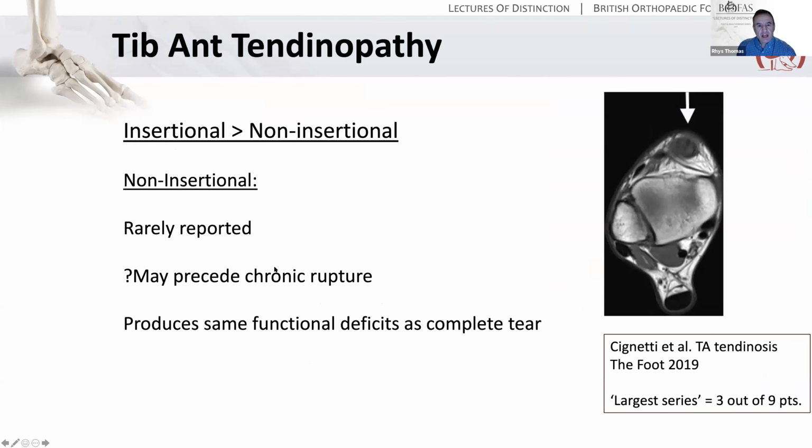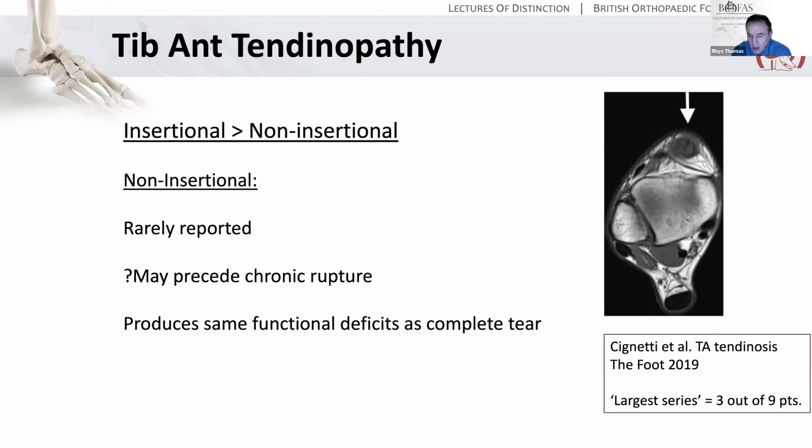So when we think about tendinopathy, insertional tendinopathy of the tibialis anterior is a lot more commonly described than non-insertional tendinopathy. In fact, looking through the literature, there's only a fairly recent series of non-insertional tendinosis described, which was last year, and it was 3 out of 9 patients.